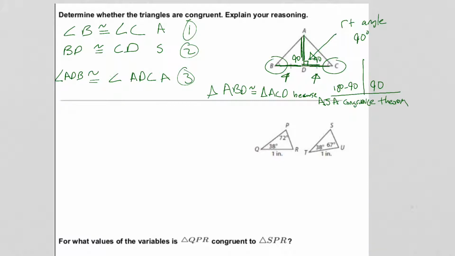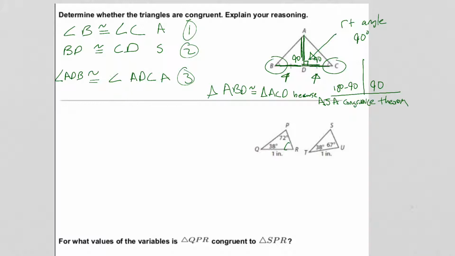Now let's take a look at this other example, and then I think from here I'll just keep going. So if we've got to find all the angle measures, we know every triangle's inside angles add up to 180.